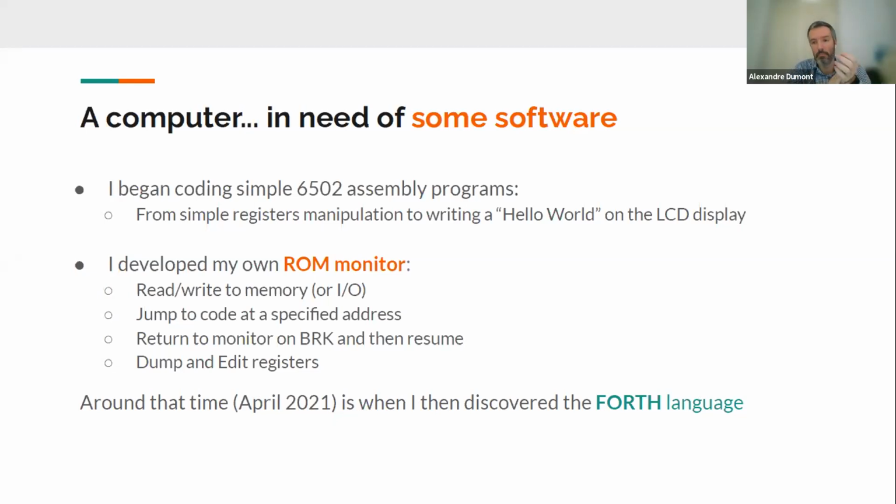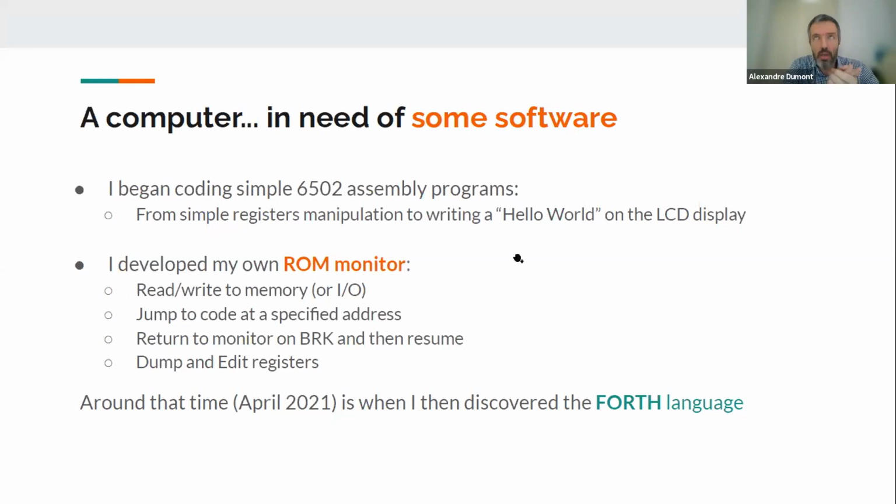So for that, I read a book, I think the same book that Adrian mentioned in his presentation, Threaded Interpretive Languages. And also I read an article by Brad Rodriguez, which is in the core today. I think it was called Moving Forth.